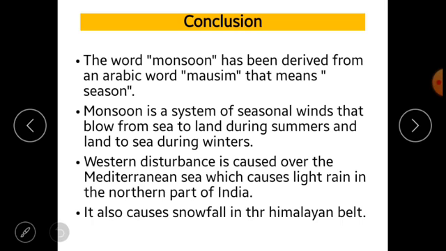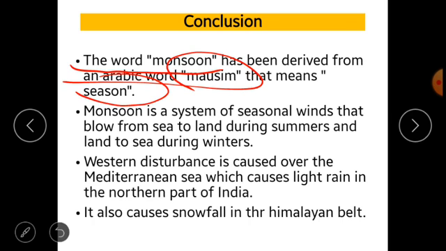So we discussed that the word monsoon has been derived from an Arabic word, mausim, that means season, and the monsoon is a system of seasonal winds that blows from sea to land during summers and land to sea during winters.